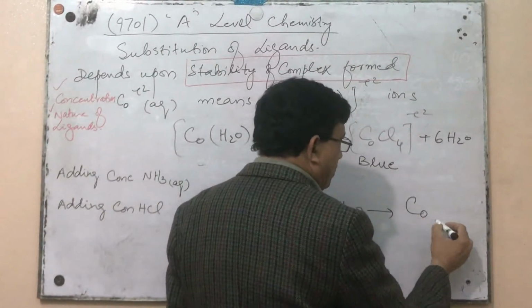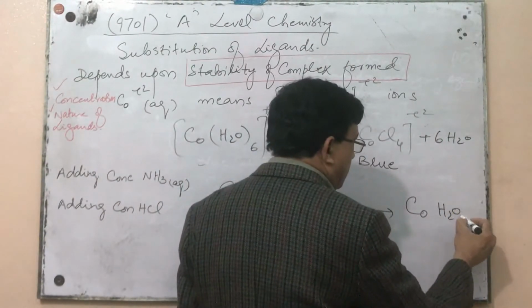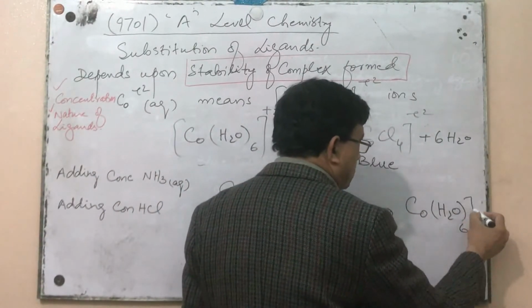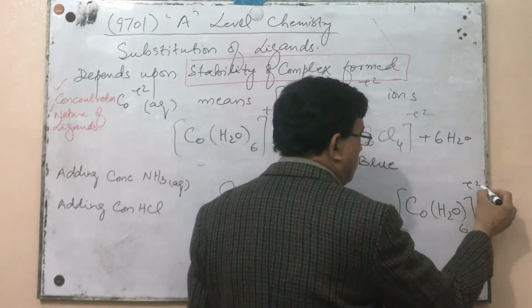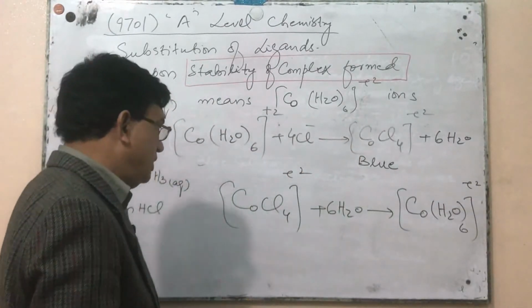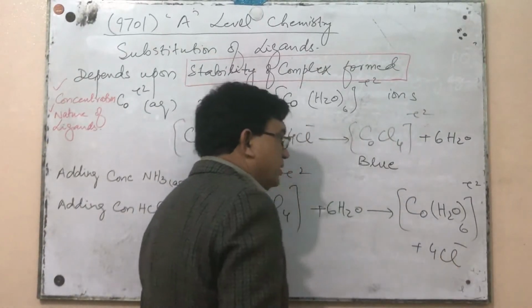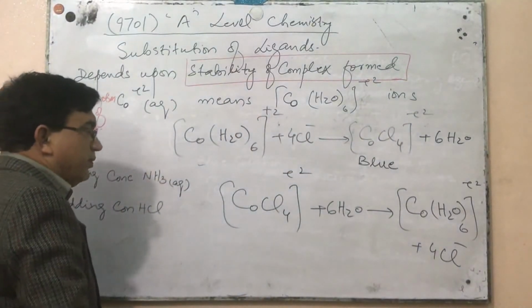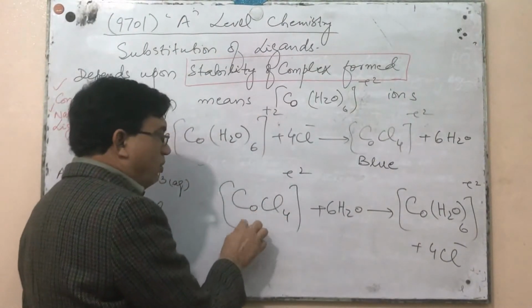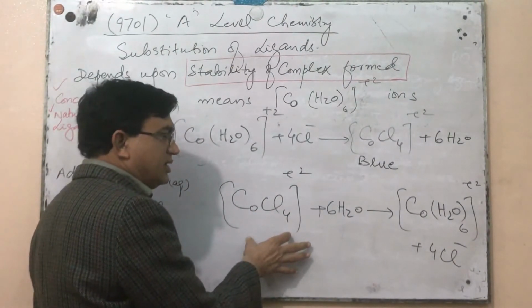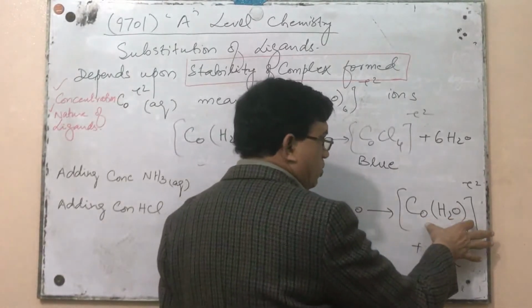Immediately cobalt will form the hexa aqua cobalt 2 ion, quite easily, releasing 4 chloride ions. This indicates that the complex of cobalt formed with chloride ion is less stable as compared to the cobalt hexa aqua complex.